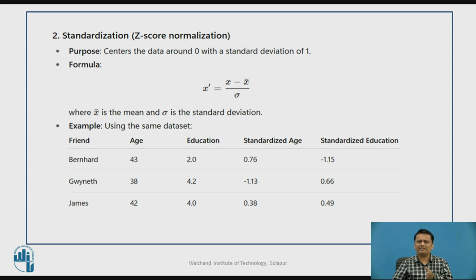Later with one example also we will discuss that, and if you do these calculations, this standardized age value is coming out to be 0.76. So like this, all these values are rescaled and standardized by using this formula, and this approach is called the standardization approach, or also z-score normalization.